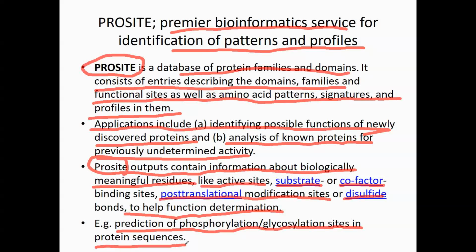Okay. So if we find a pattern of amino acid sequence in a protein which we know from our previous knowledge is suitable for phosphorylation, we can say that this site is a phosphorylation site in this protein sequence. Likewise, glycosylation is another post-translational event in the protein.